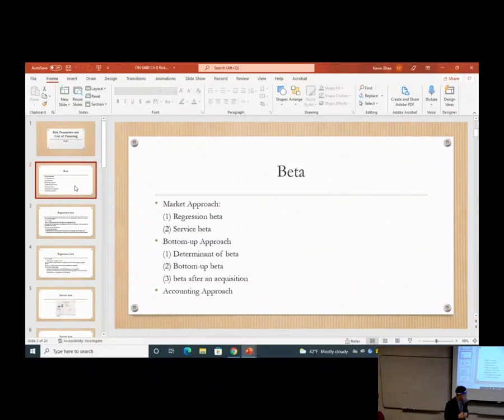Service beta actually makes a little adjustment based on the mean reversion feature of beta. By the way, when you put beta here in this equation, is it beta in the past, the current beta, or the future beta?